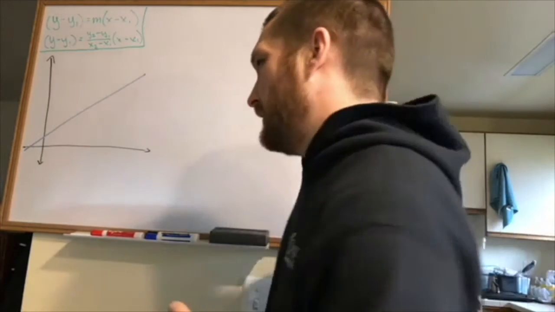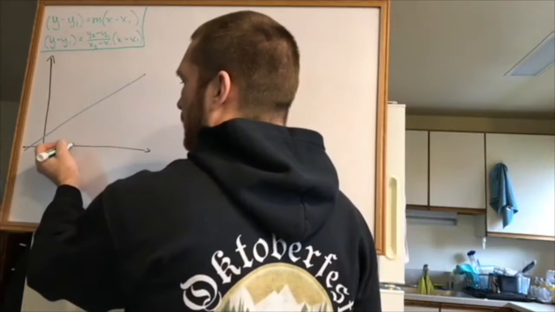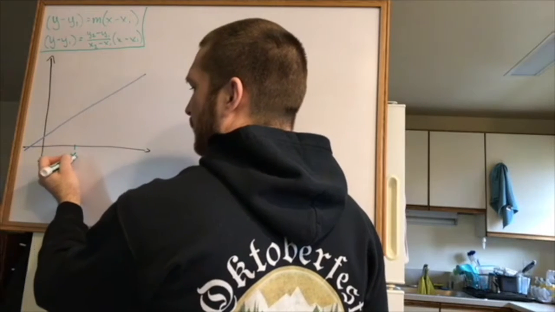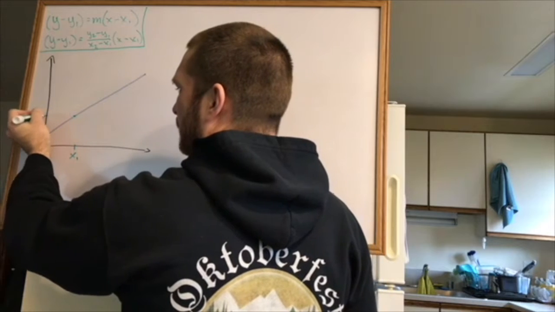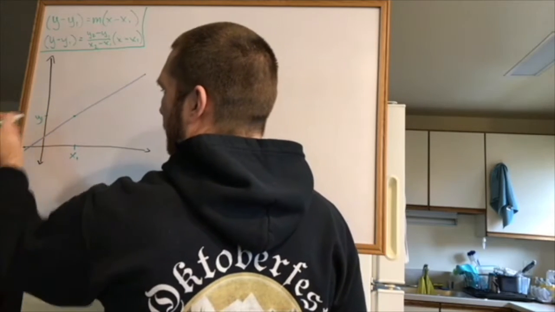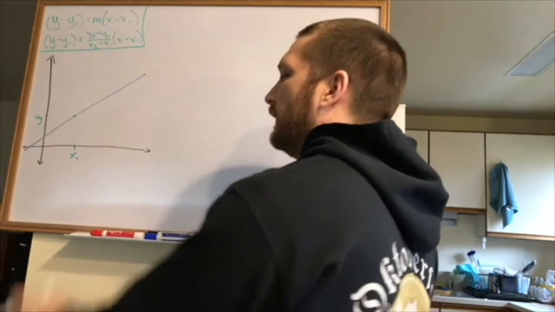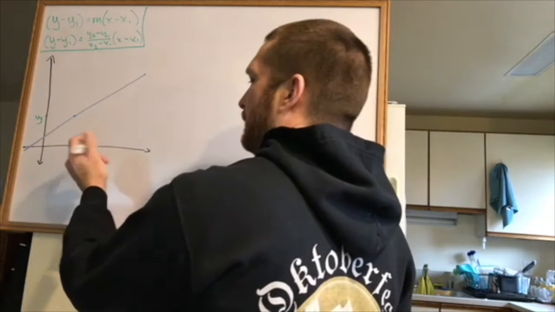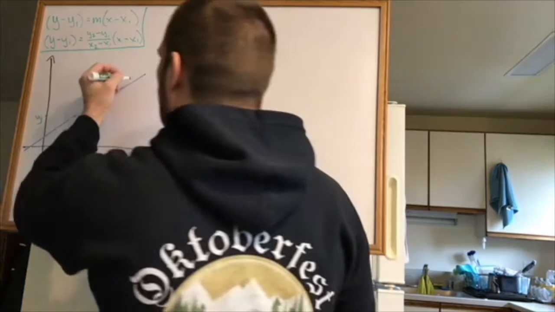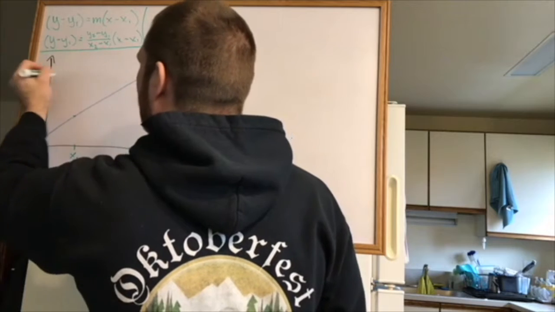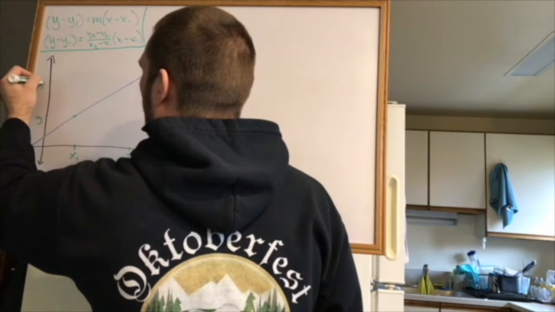So let's do that. Let's say that we have some input value here, which we're going to call x1. We have some output value here, and we're going to call it y1, because it's the output with that input. Similarly, if we have another point here, x2, then we have an output here, y2.